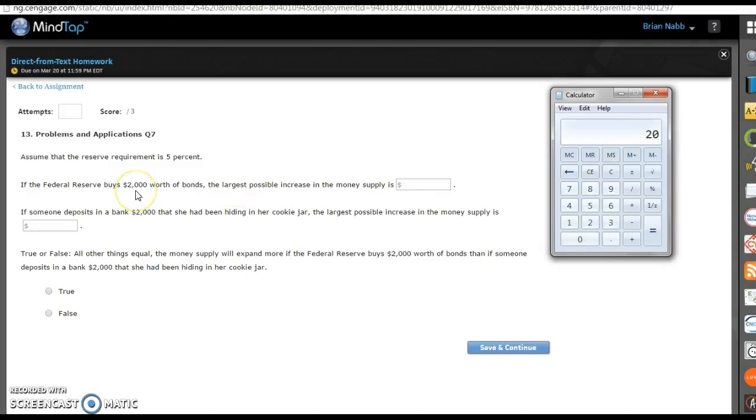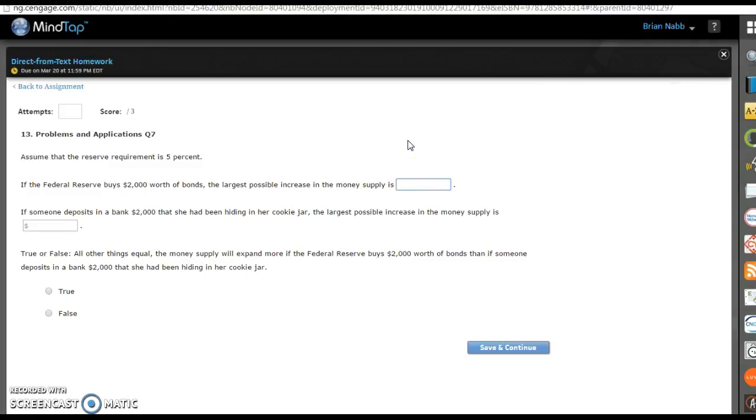So if they buy $2,000 worth of bonds, you would do 2,000 times the money multiplier, 20, equals $40,000. Okay, that's the largest possible increase that could happen. If someone deposits in a bank 2,000, she's been hiding in a cookie jar, the largest possible increase in the money supply is, well, in this case, this 2,000's already been in the money supply.